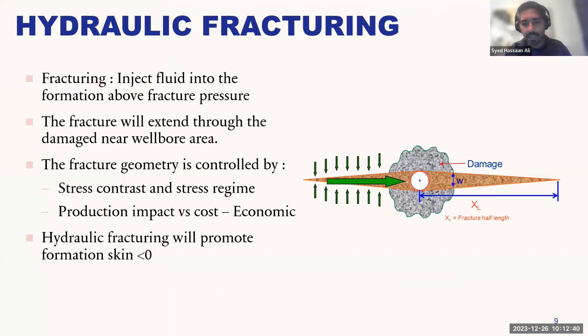And you can see that you are introducing a crack in which the fracture half length, which is a technical term we use in hydraulic fracking, goes beyond the damage zone. And it actually extends beyond the wellbore area, improves your viability, and lets you produce in a very quick time frame.